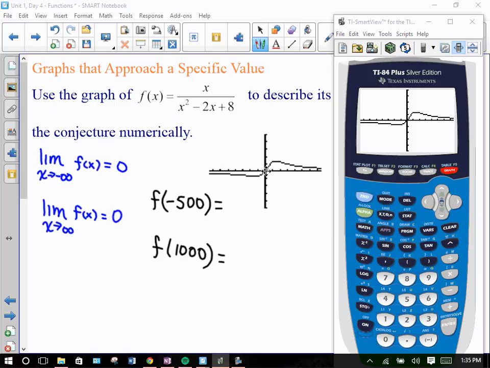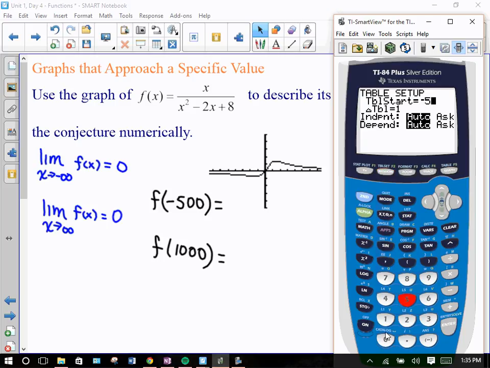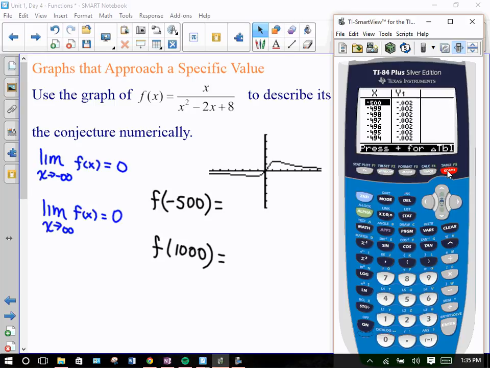Alright, so to confirm this algebraically, we need to plug these in. I don't feel like typing it in, so we can use our calculator. We're going to go second window. We want to see negative 500, so we type in negative 500, and I hit second table, and it says negative 0.002.